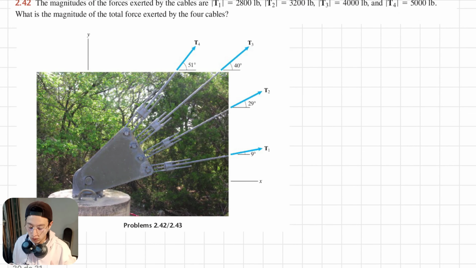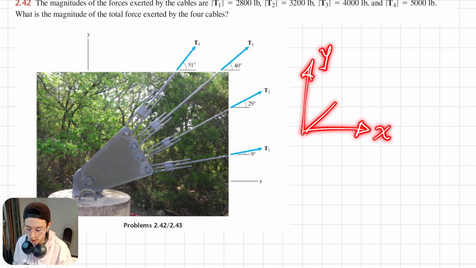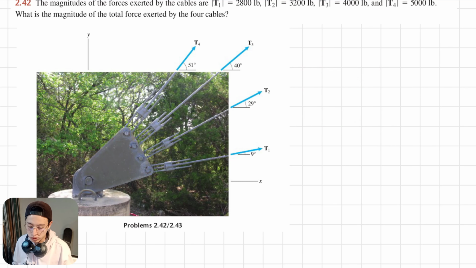So first we're going to determine the total force exerted on the x-axis, then on the y-axis, and finally using those two components, x and y, we will be able to determine the total force exerted.